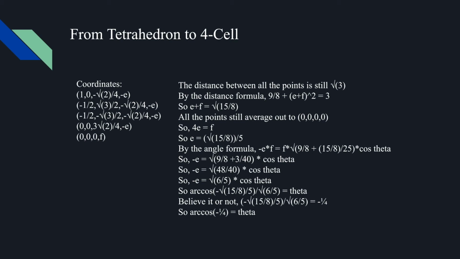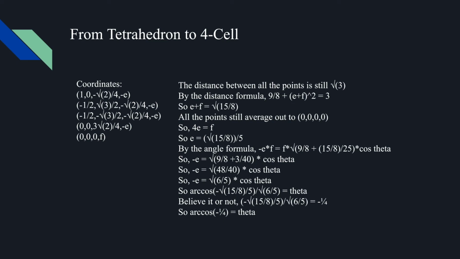And then by the angle formula, negative e times f equals f times the square root of 9/8 plus 15 over 8 over 25 times cosine theta. So that means that negative e equals square root of 9/8 plus 3 divided by 40 times cosine theta, and then a little bit of simplification there. So negative e equals the square root of 6 over 5 times cosine theta.